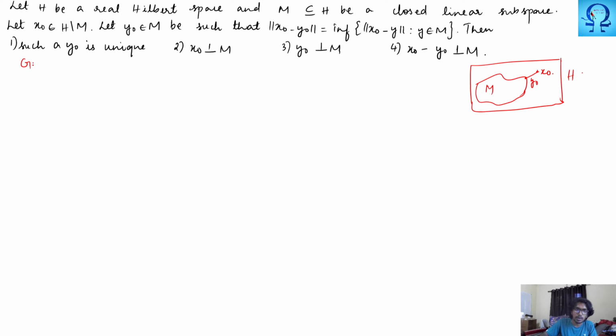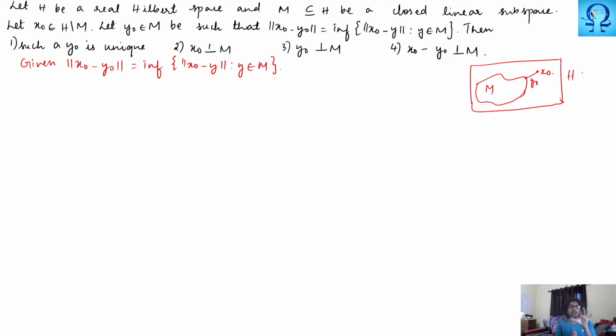So what is basically given? Given that norm of x0 minus y0 is equal to the infimum of norm of x0 minus y such that y is a member of M. Okay, so this norm of x0 minus y0 is the infimum of all the quantities.